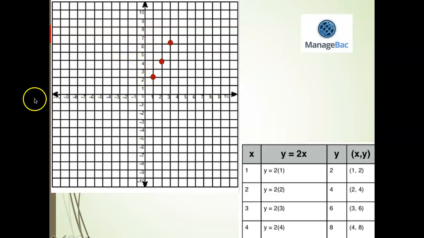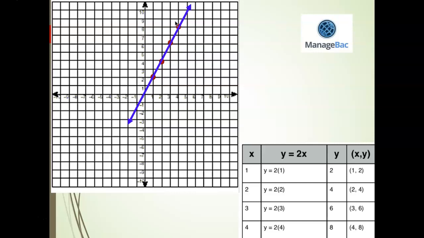So you have your 3 here, positive 3, and then 6 over here on the y-axis. And then the fourth one is 4 and 8. After plotting the 4 points, you just connect all these 4 points and draw a long line, and that will be your line for the linear function y is equal to 2x.